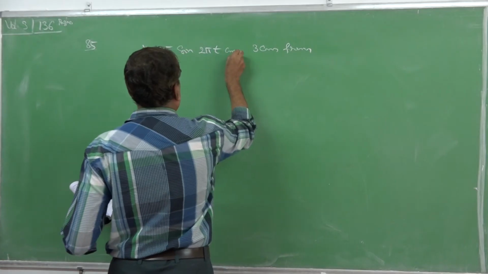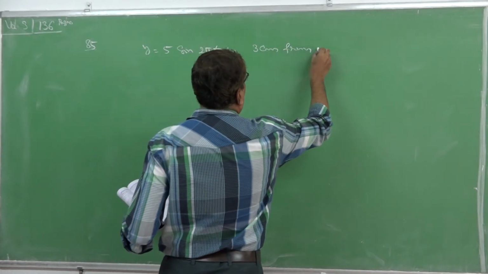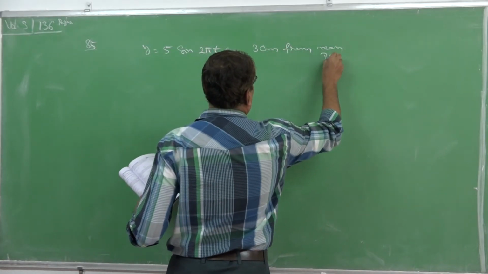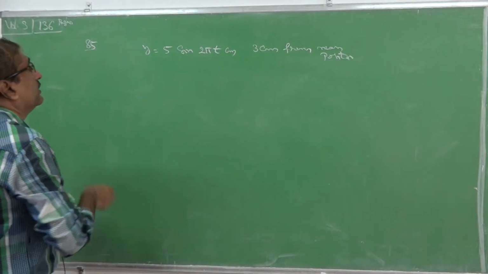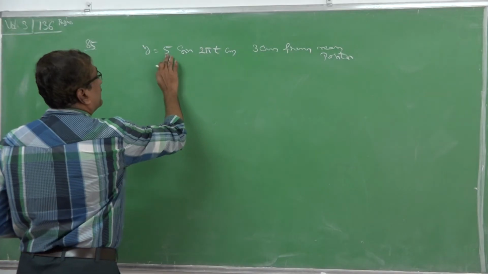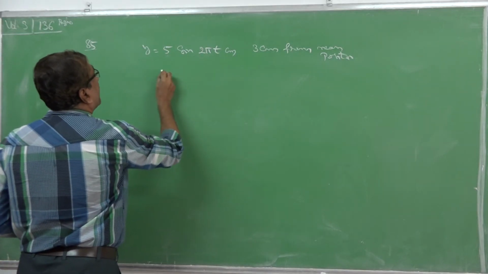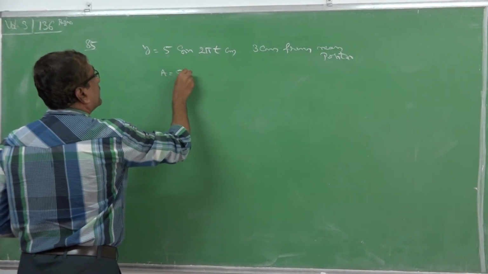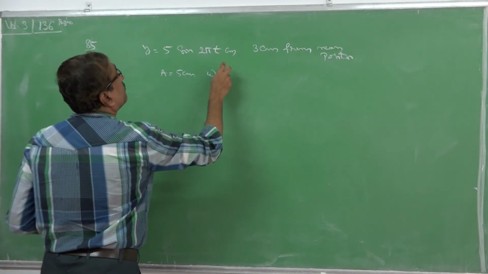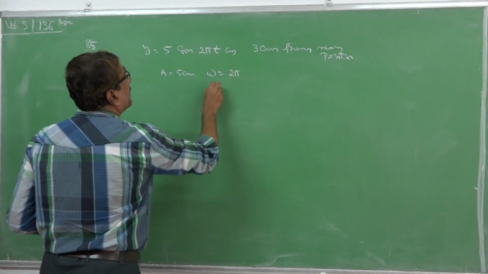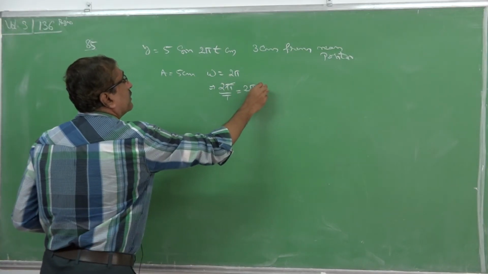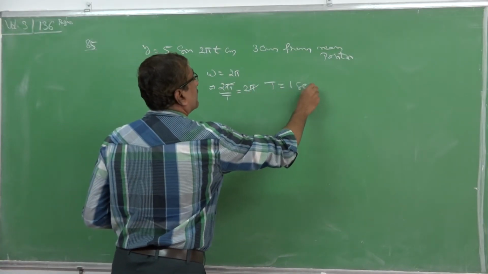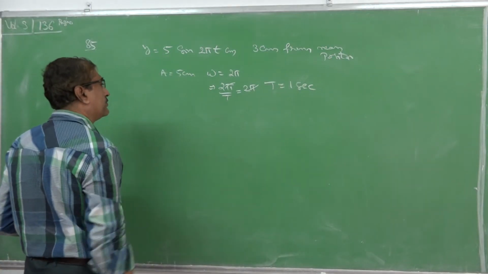So from this equation, this is A and this is omega. So A is equal to 5 centimeter and omega is equal to 2 pi. Implies 2 pi by capital T is equal to 2 pi. So capital T is 1 second.